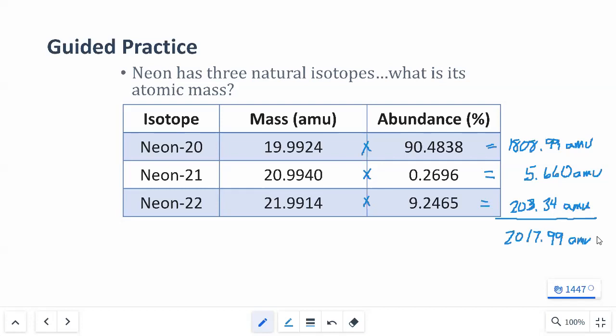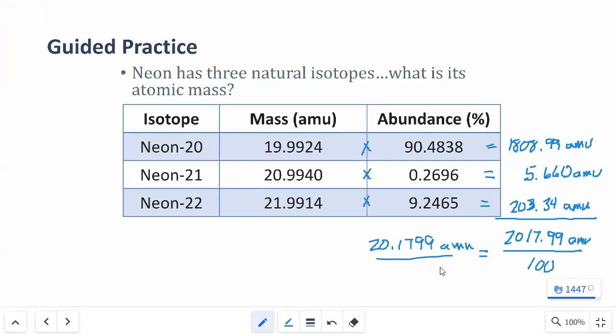Remember, these are percentages. We've already multiplied by 100 to get these percentages. So to give us a number that makes sense, the last step that we have to do is divide by 100. And when we divide it by 100, we get 20.1799 AMUs.